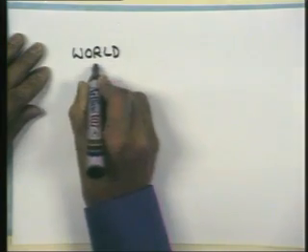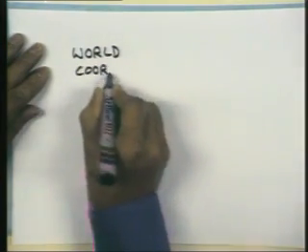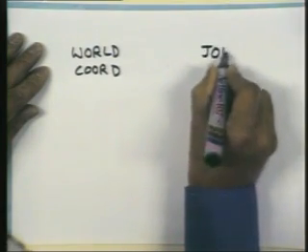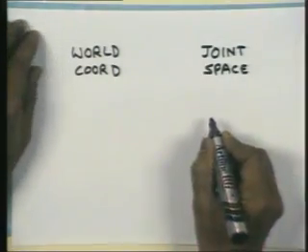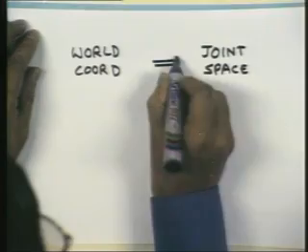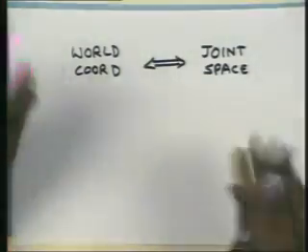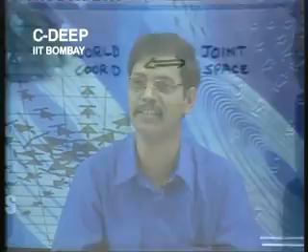So we talk in terms of world coordinates to joint space needing to be mapped. Because one natural way is that the task is specified in world coordinates, and the motion is in terms of each individual degree of freedom being actuated by an actuator with some sensors in a closed loop feedback system. So it would be convenient if we can map them.